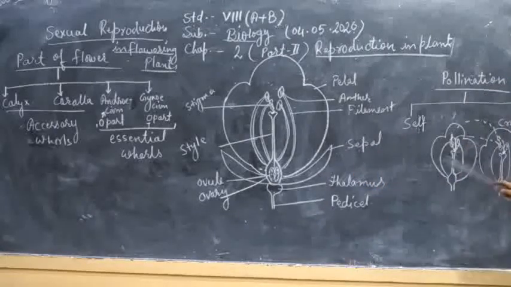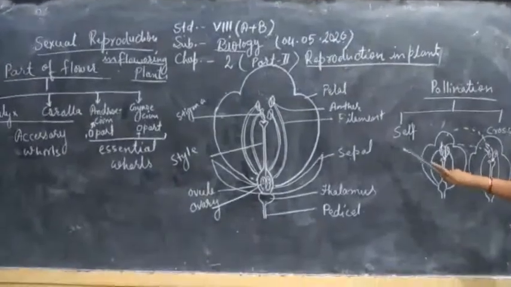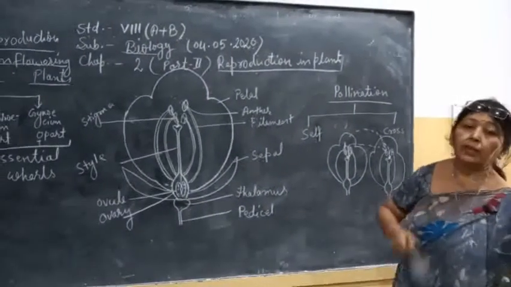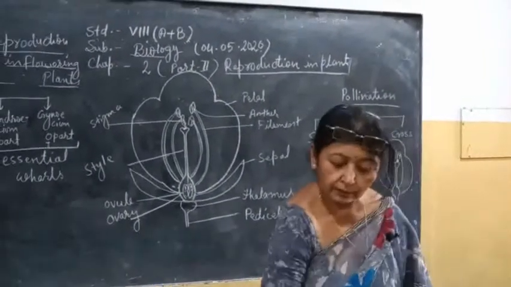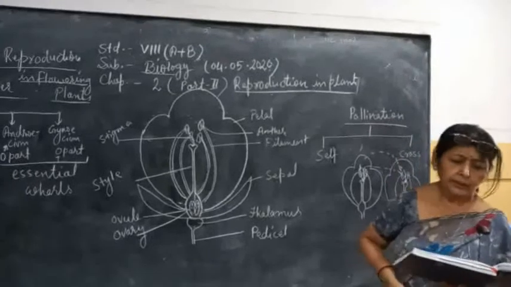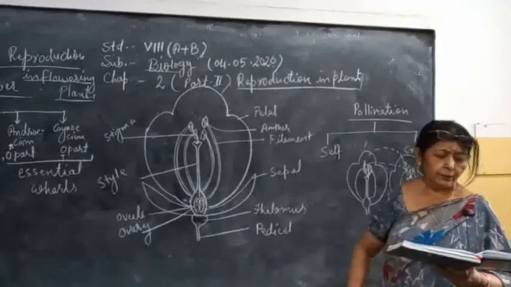But in cross-pollination, transfer of pollen grain is from one flower to the stigma of another flower of the same species. Self-pollination occurs naturally, but cross-pollination occurs with the help of agents. These agents are wind, water and insects.